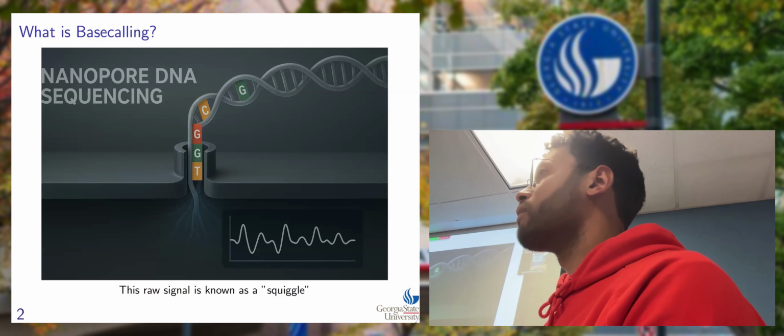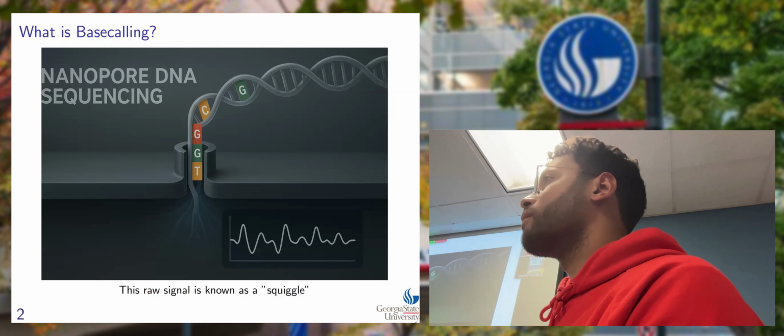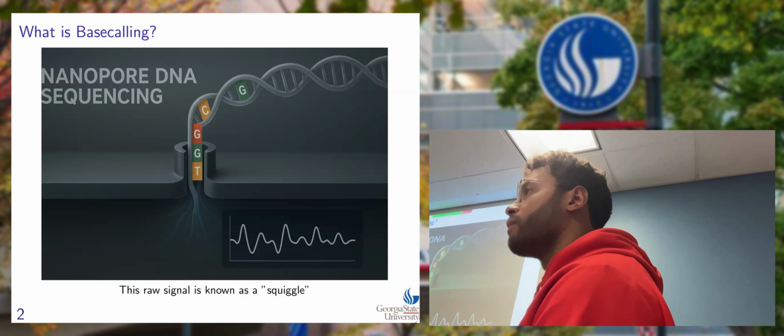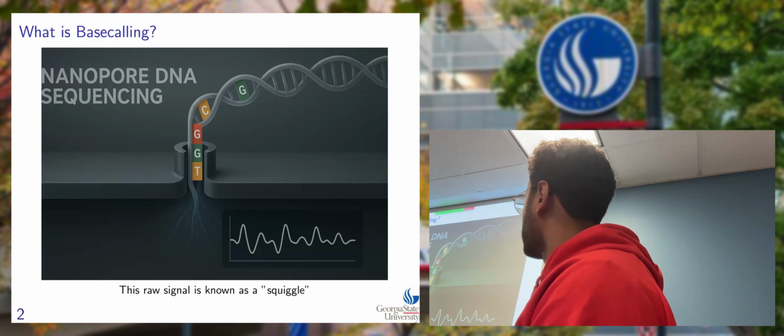But you can call this a duplex reader or double reader, because you have two heads reading. Exactly, yeah. That's why each squiggle point is not the effect of a single character. That's why it's really hard to figure out what the bases are.